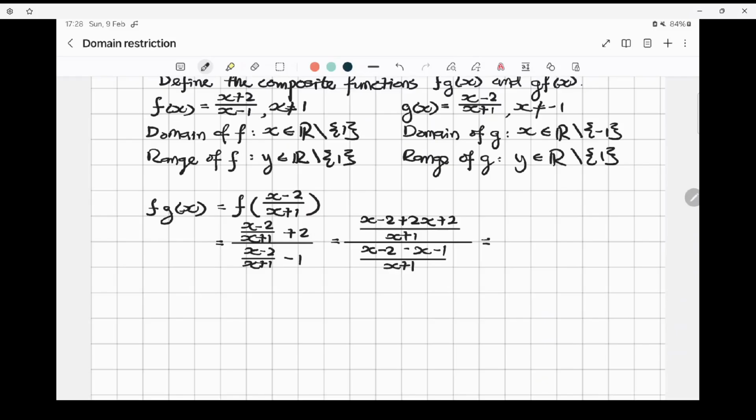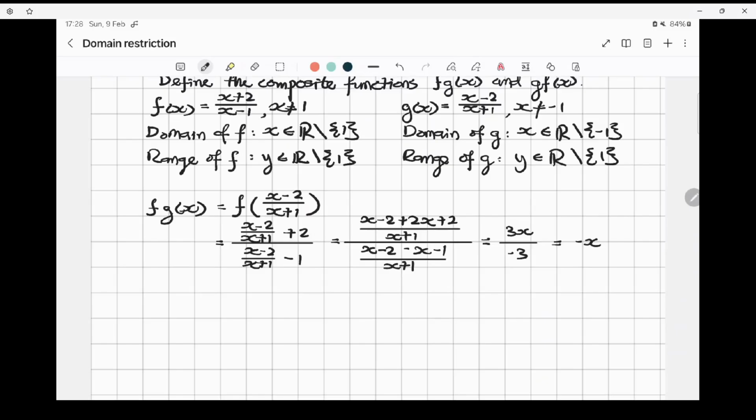On top you would get 3x, minus 2 plus 2 get cancelled off. And at the bottom, you would get minus 2 minus 1, minus 3. So in the end, you will get minus x.